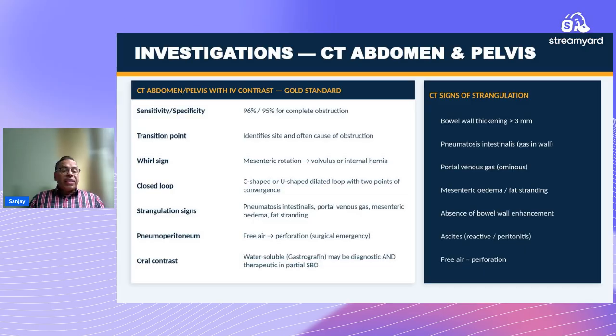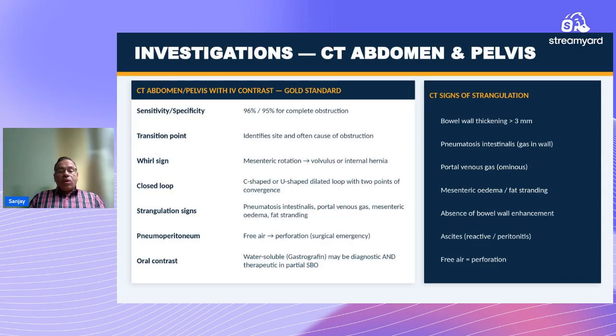Edema of the mesentery is not a good sign on CT scan, and that suggests possibly ischemic necrosis of the gut. And fat stranding. These are the typical signs of strangulation on CT scan with contrast in a patient of intestinal obstruction. Pneumoperitoneum or free gas means obviously that there is a perforation of the bowel wall. So this becomes a surgical emergency.